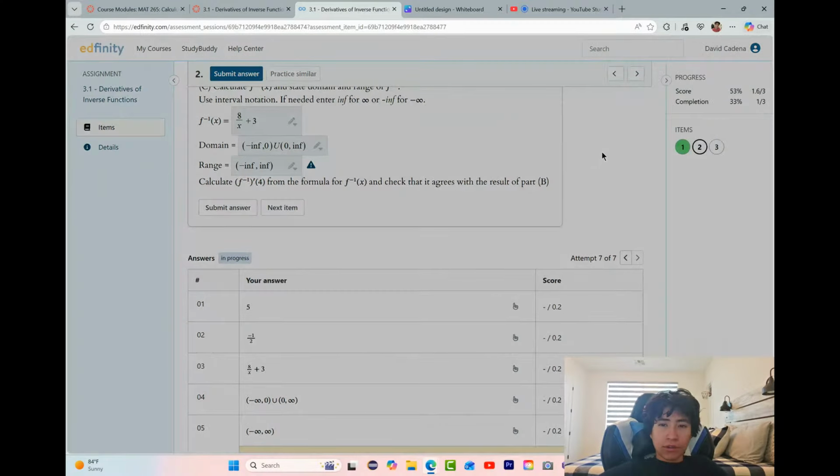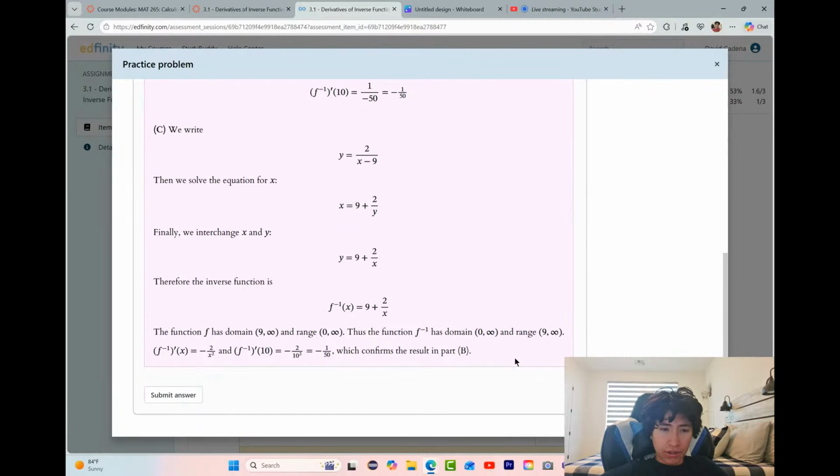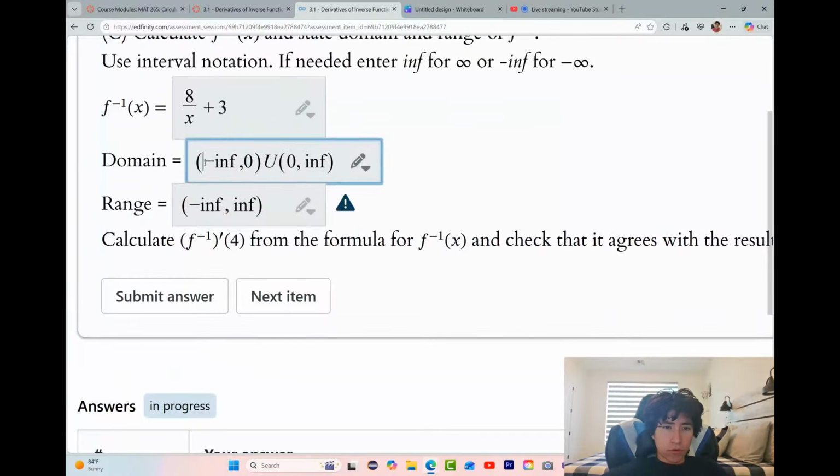Unless I'm missing anything. Let's see. Domain 0 infinity, range 9 to infinity. Hmm. All right. I think I see a pattern. You can't have it on both sides, so just gonna.